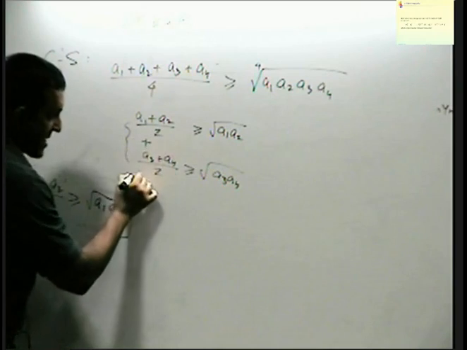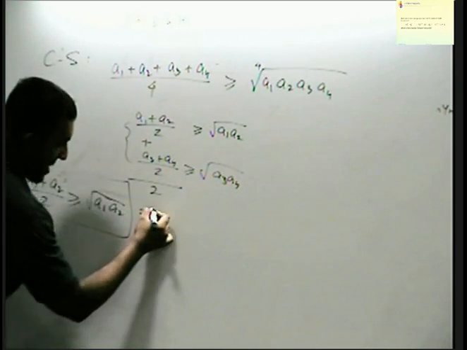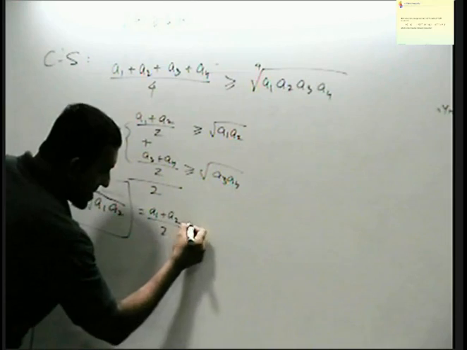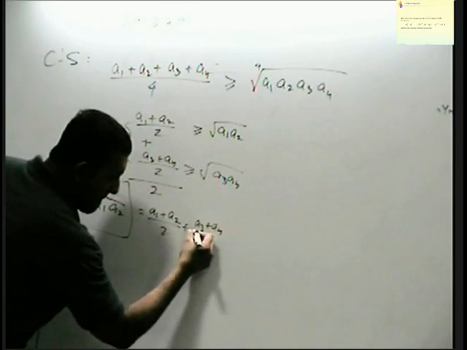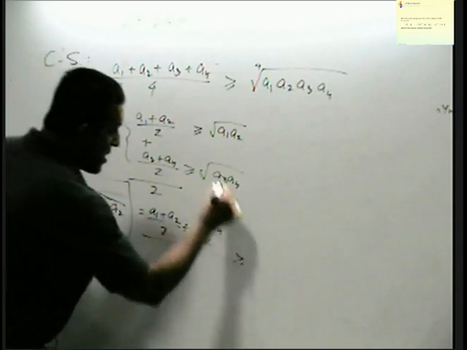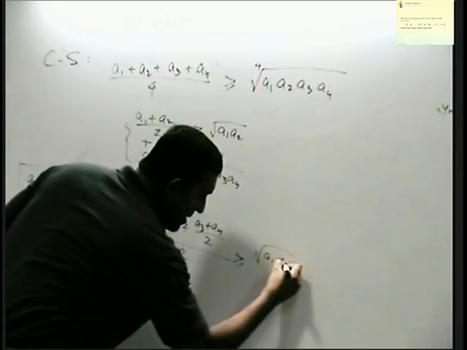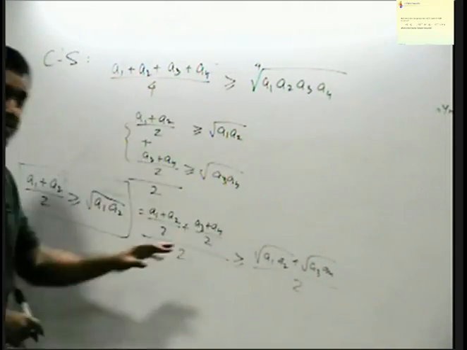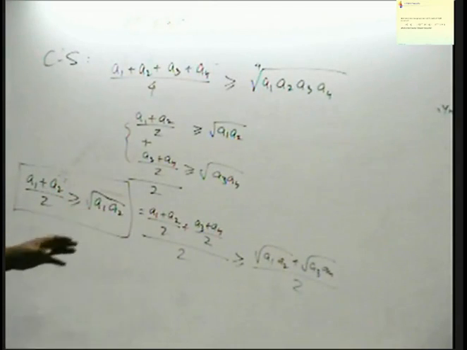This plus this by 2 is nothing but ((A1 plus A2) by 2 plus (A3 plus A4) by 2), the whole by 2, greater than or equal to (square root A1 A2 plus square root A3 A4) by 2. Fine? This is the next step that he does.